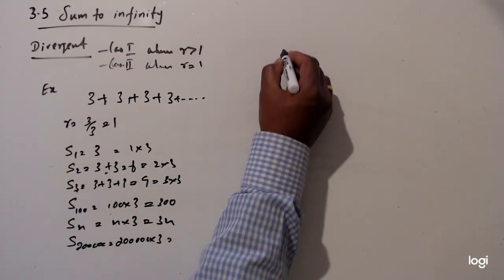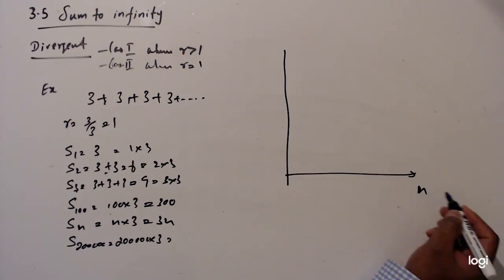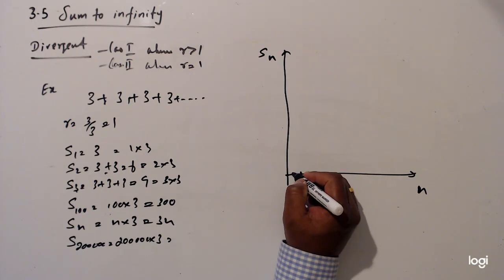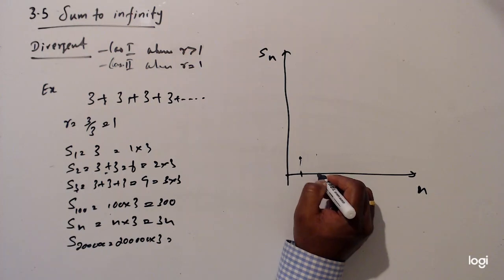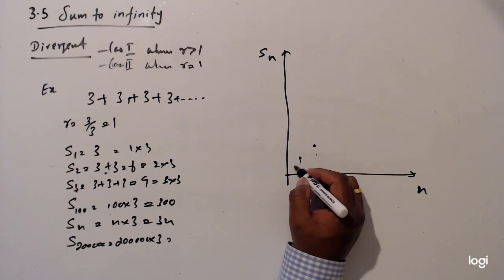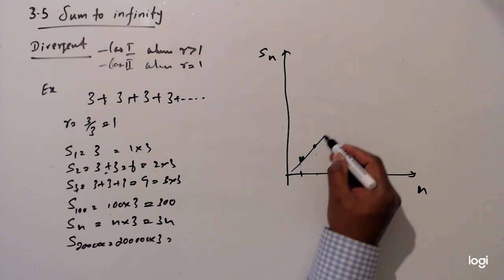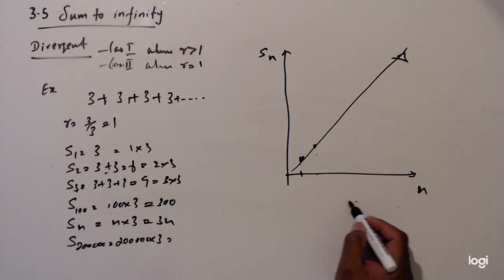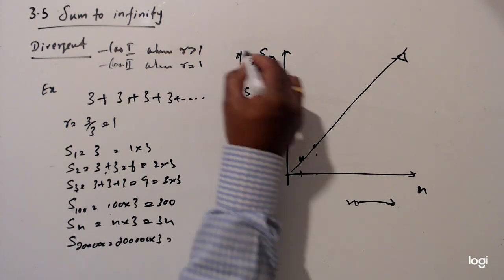So what I want to emphasize is that in Sn, when n equal 1, it is 3, and then n equal 2, it is 6. So when n is increasing, the Sn is also increasing.